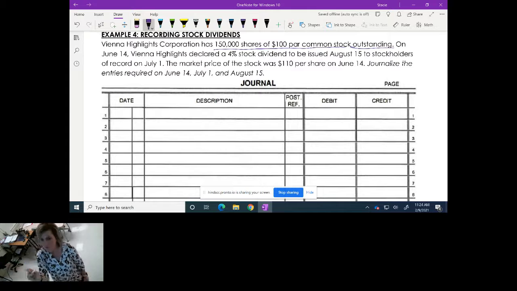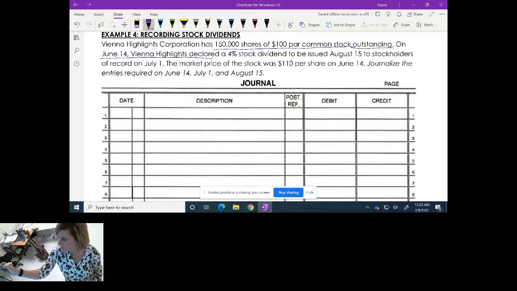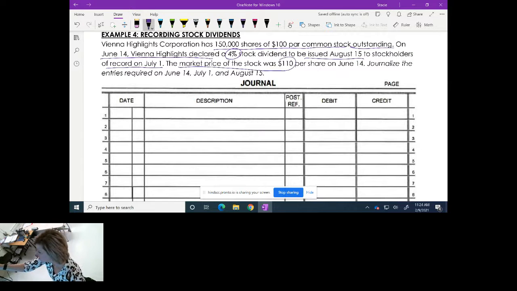All right, so on June 14th, they declared a 4% stock dividend to be issued August 15th to stockholders of record on July 1. So there's all your dates. The market price was $110 per share on June 14th, which is the declaration date.